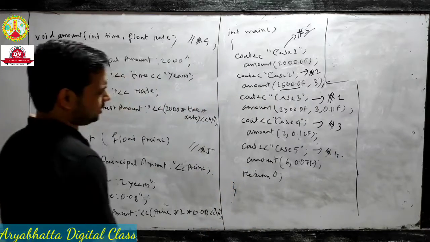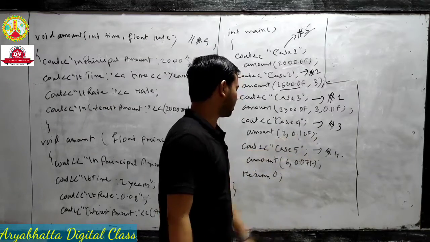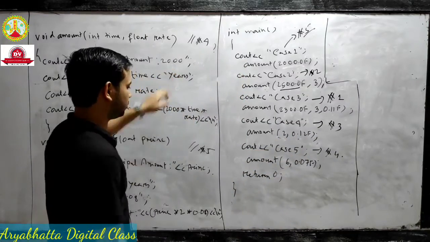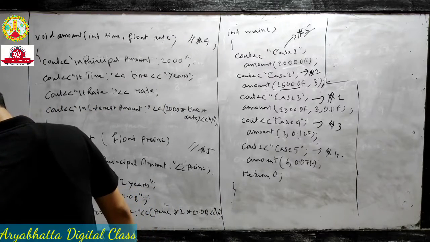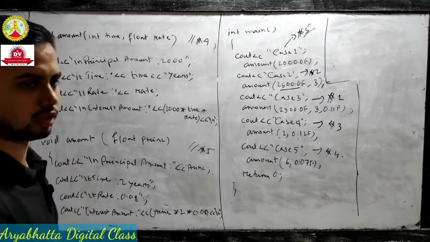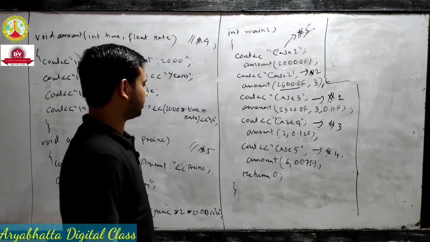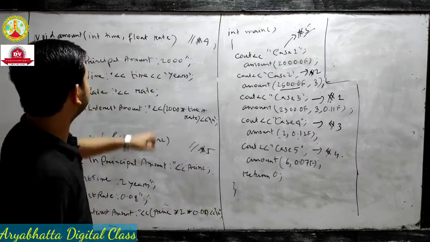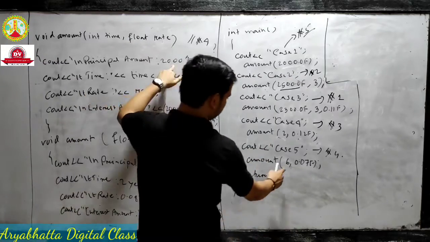You just check it. Here directly coming 2000 into 2 into 0.12 and here 2000 into 6 into 0.07. Your output will be 480 in case 4 and 840 in case 5. You just calculate it. Case 4 is function 3, case 5 is function 4, because your time and rate are given and the principal will be 2000.